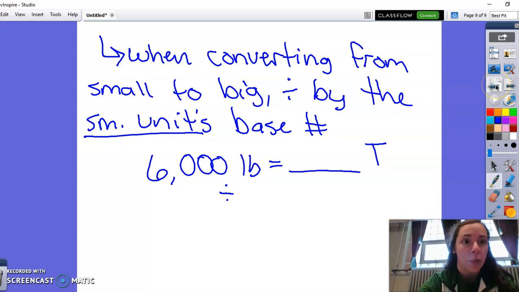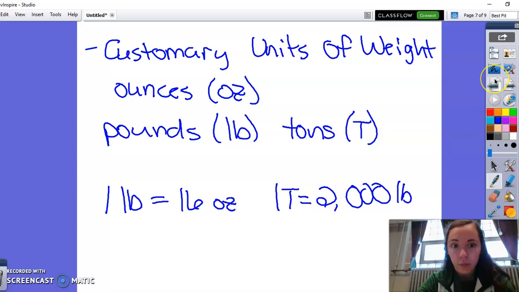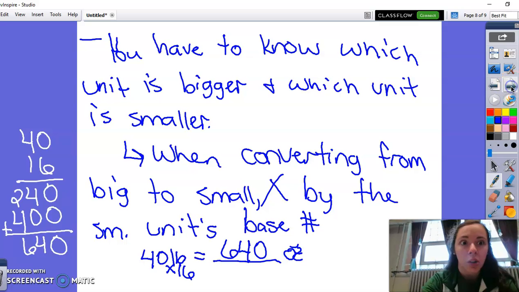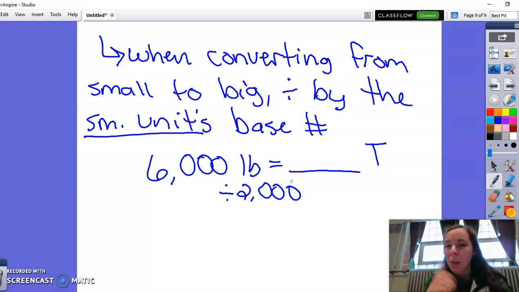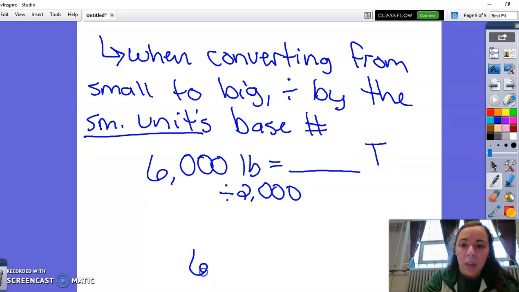Let's go back and take a peek at that. Between tons and pounds, pounds are the smaller unit. The base number is 2,000. And you're probably thinking, yikes, oh my gosh, how am I going to do that? 6,000 divided by 2,000, that's going to take forever. Well, maybe not. Let's look at this.